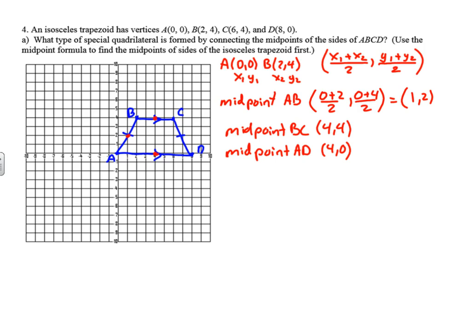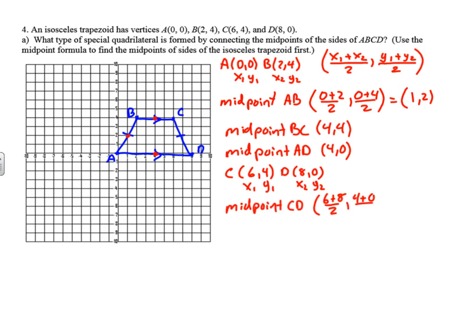And then CD, we'll do with our midpoint formula. C is 6, 4, D is 8, 0. So the midpoint of CD is 6 plus 8 divided by 2, comma, 4 plus 0 divided by 2. 6 and 8 is 14, 14 divided by 2 is 7, so the midpoint is 7, 2.